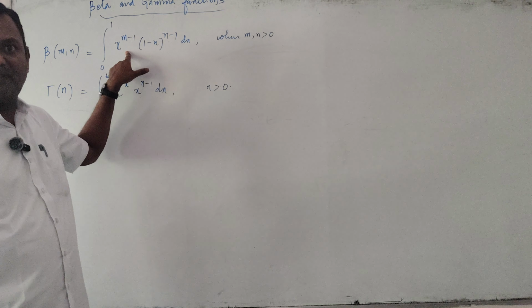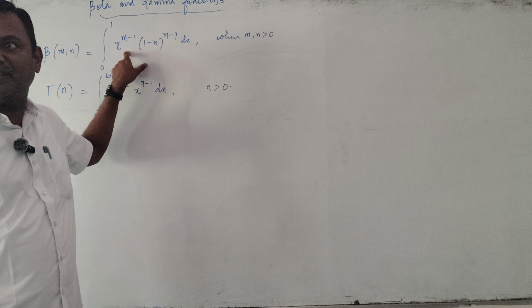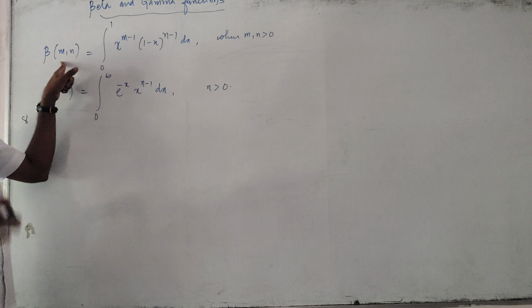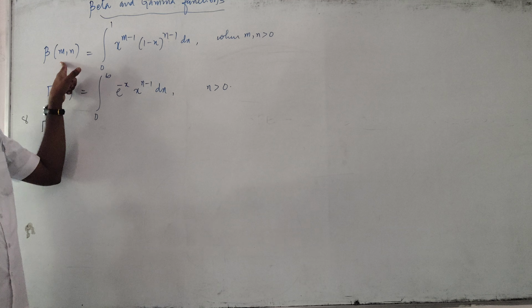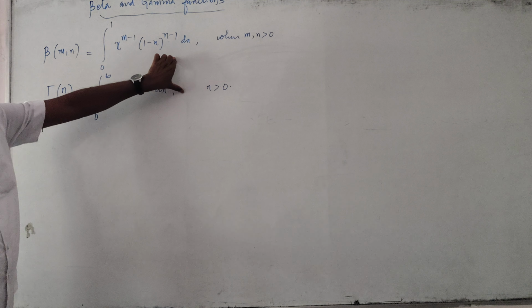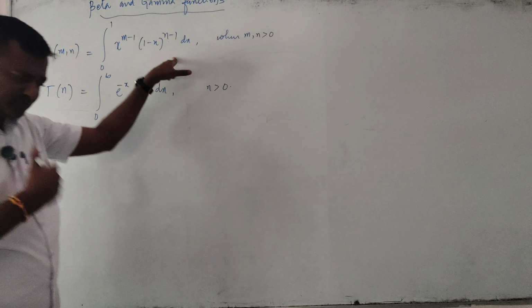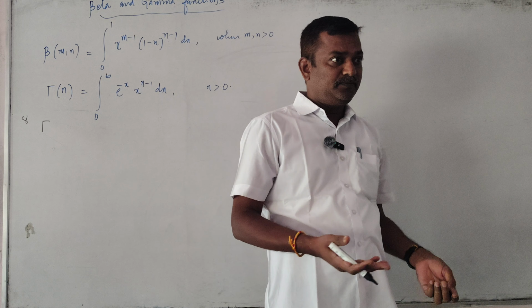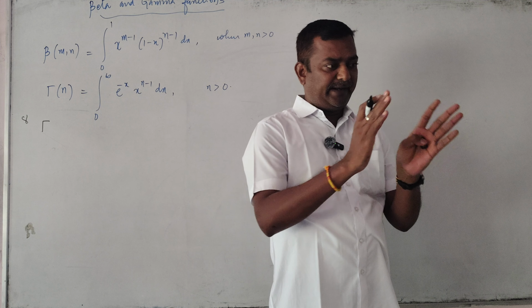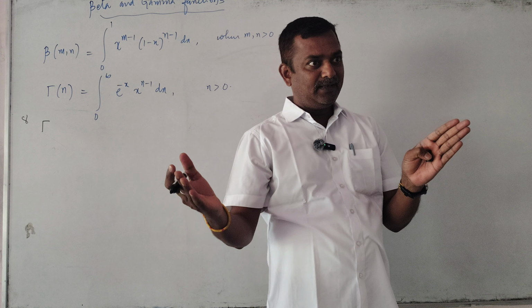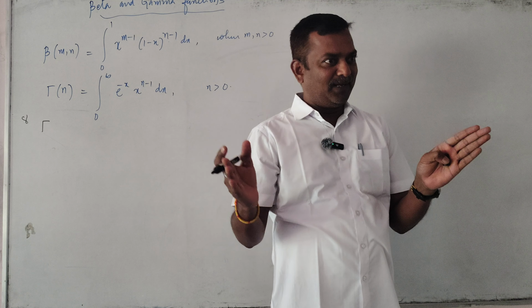I am going to express them first, then we are going to discuss some properties based on this. I want to express the equivalent notations or alternate forms of beta and gamma. These are standards. You have to remember these as they are. Why again these are important is we are going to solve an integration by converting into beta, by converting into gamma.